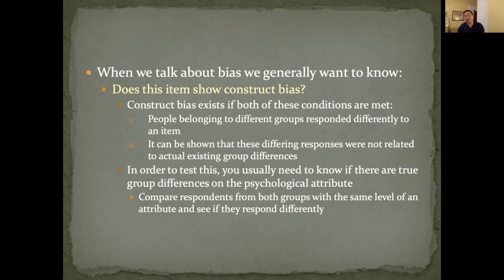This gets a little chicken and the egg, right? You need to see if people are responding for reasons other than their ability, but first you have to figure out their ability. We can do that, and we'll talk about different ways to do that, though. That's the IRT piece. So ideally, to detect bias, to show that we have construct bias, we want to compare respondents from both groups, know that they have the same level of the attribute, and see if they respond differently.